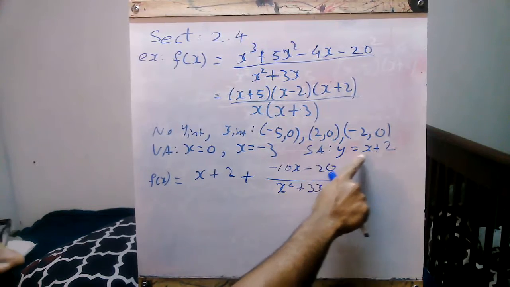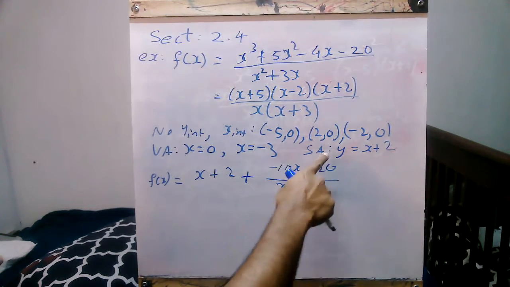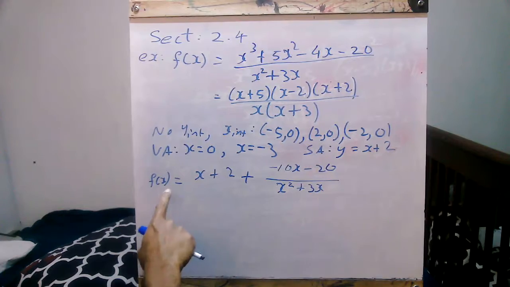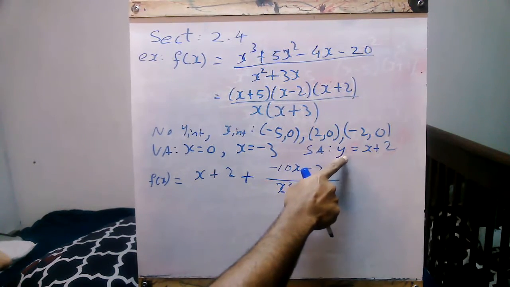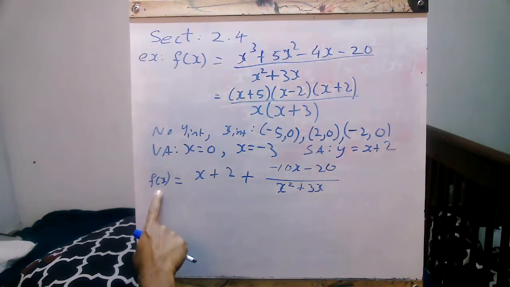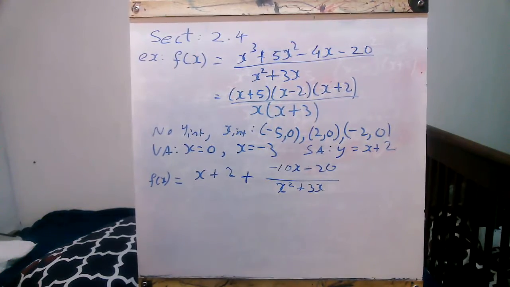If they are intersecting, this y should equal f(x). Then the left side of this equation equals the left side of this equation at the intersection point, therefore the right side should equal the right side.